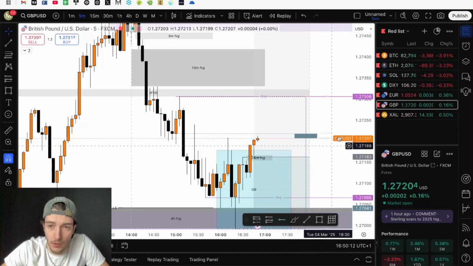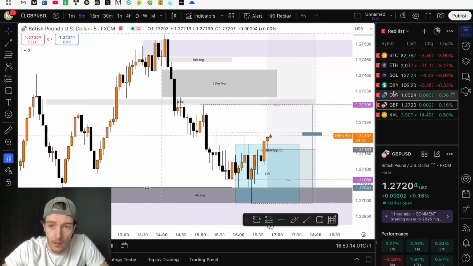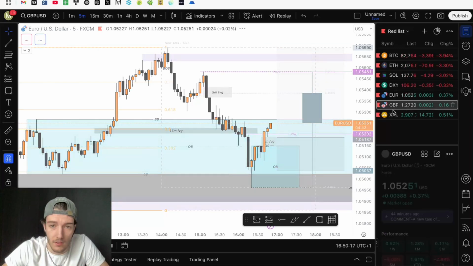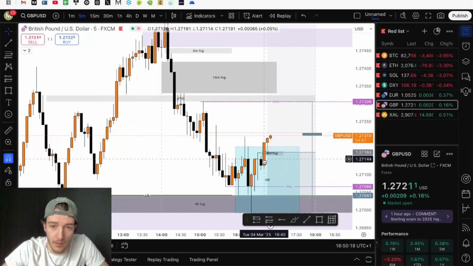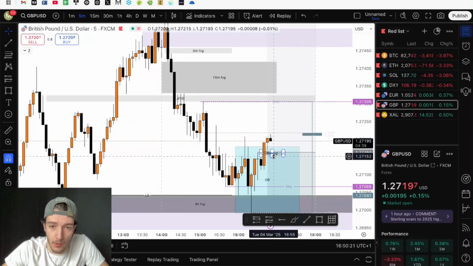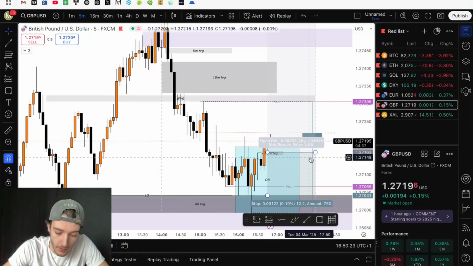I think I'm gonna trade GU actually because it's more likely to break structure early on the 50-minute, and it has a bit better risk to reward if I would enter off of this 5-minute fair gap here.